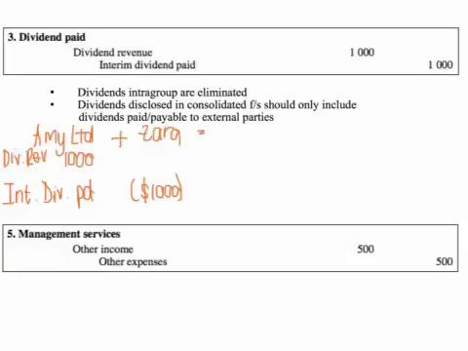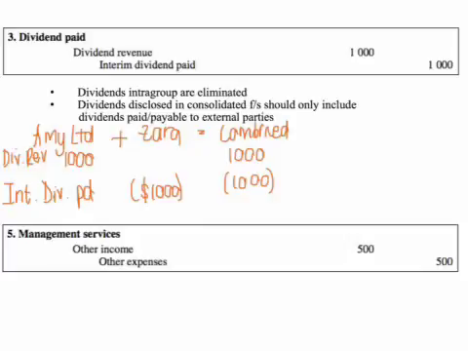And that gives us the combined result of the group, so including dividend revenue of $1,000 and interim dividend paid of $1,000. Now you can see from the combined results that the net effect of this transaction on retained earnings is going to be zero.